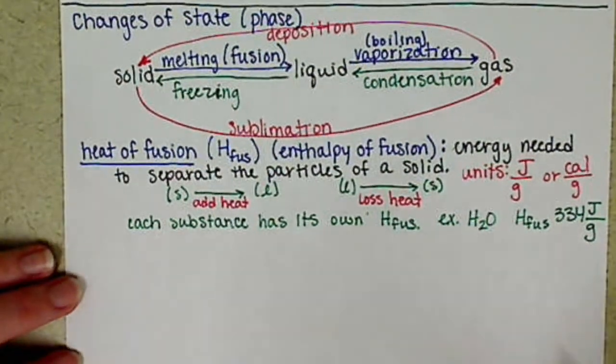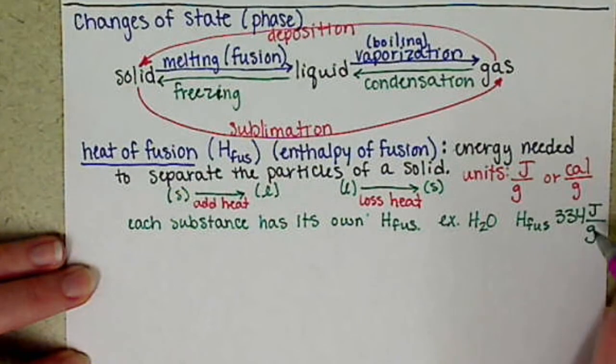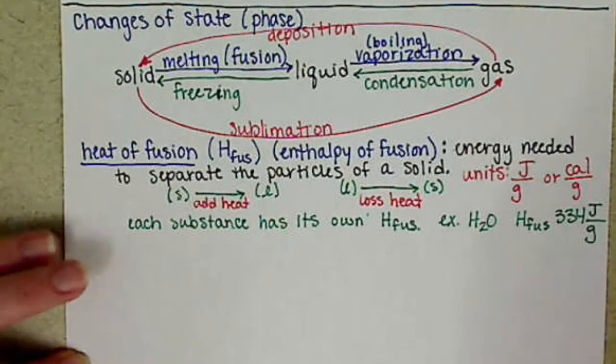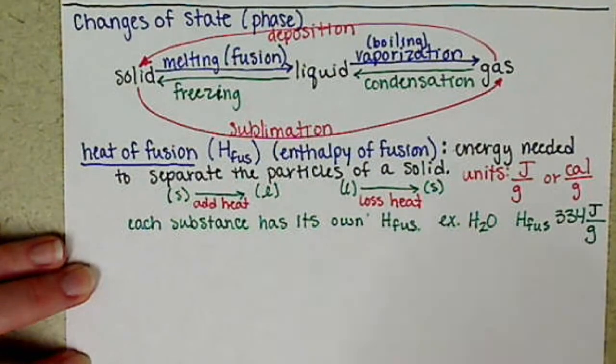So let's work through an example of using this. Remember, whenever we see a unit of something per something, we can use it as a conversion factor, right?